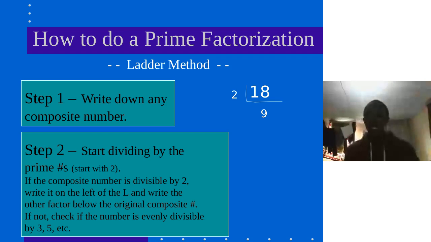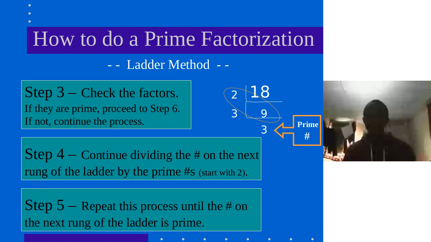Next, you start dividing by the prime, remember, you start with the smallest factor which can divide 18 without a remainder, which is 2. If you divide 18 by 2, you will get 9. That's step 3. Step 4, check the factors. If they are prime, proceed to step 6. If not, continue with the process.